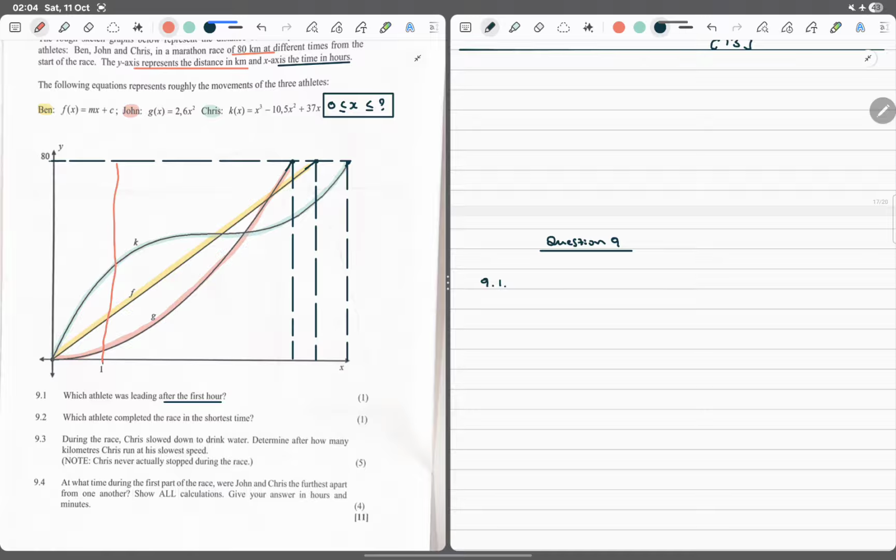So if we draw a vertical line at 1 hour, we will see that the distance for h is greater than the distance for f, which is greater than the distance for g.